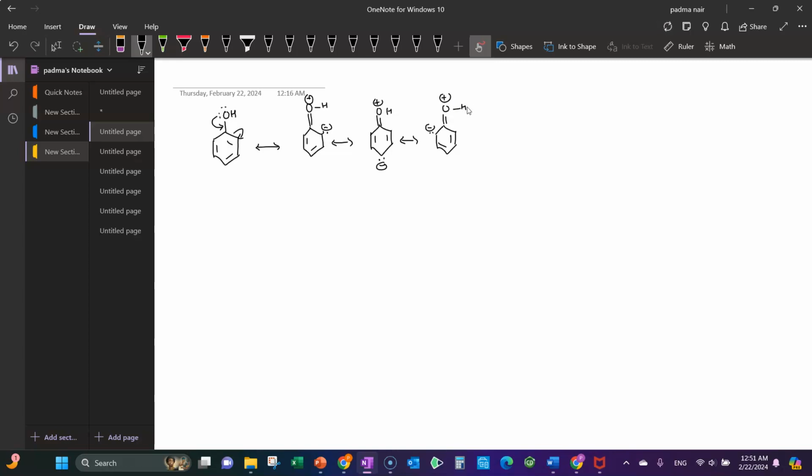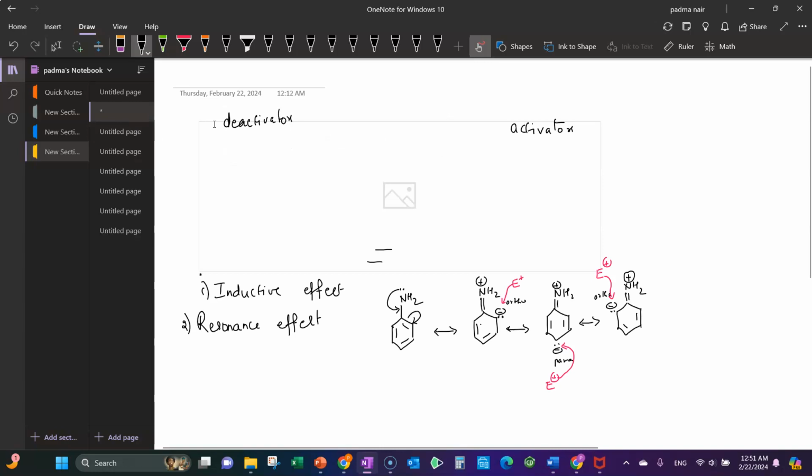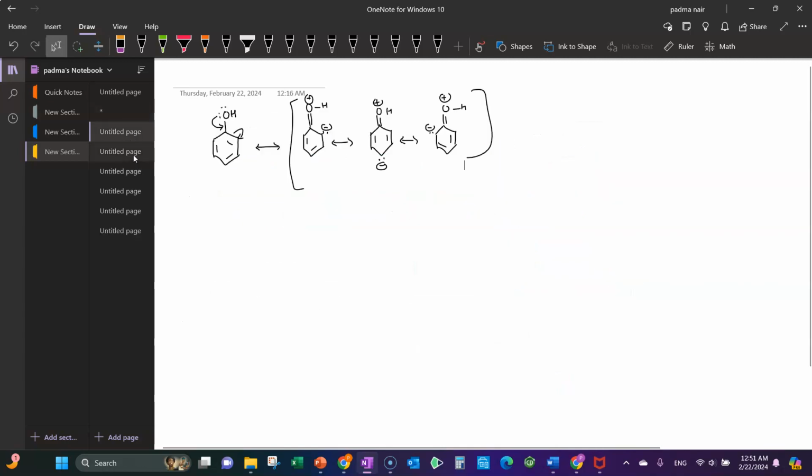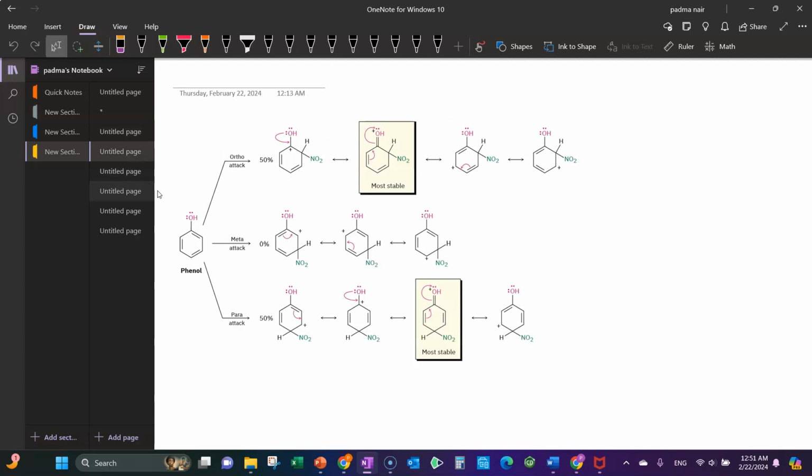So if you look again, it's similar to the previous example where the negative charge is concentrated on the ortho and para position, so the incoming electrophile would prefer to go to the ortho or para position. And if you go back to this page here, see, OH is also an ortho para director. So resonance can help us to explain the ortho and para directing effects of OH or NH2 type of groups.